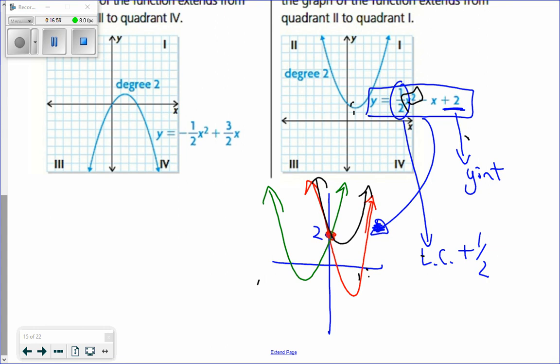Well, let's say you're looking at this equation, and you hit graph, and you ended up with this. You should look at that and go, whoa, hold on. That was not what I thought should happen. I thought I was going to have a positive y-intercept, and I thought this thing was going to go like this.